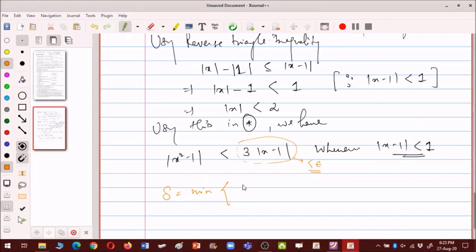We should take delta equal to the minimum of epsilon by 3 and 1. Epsilon was 1 by 10^(-3), so this is the minimum of 10^3 by 3 and 1, and this is nothing but 1. So we get delta to be 1. If I take delta to be less than 1, then this condition holds for me.